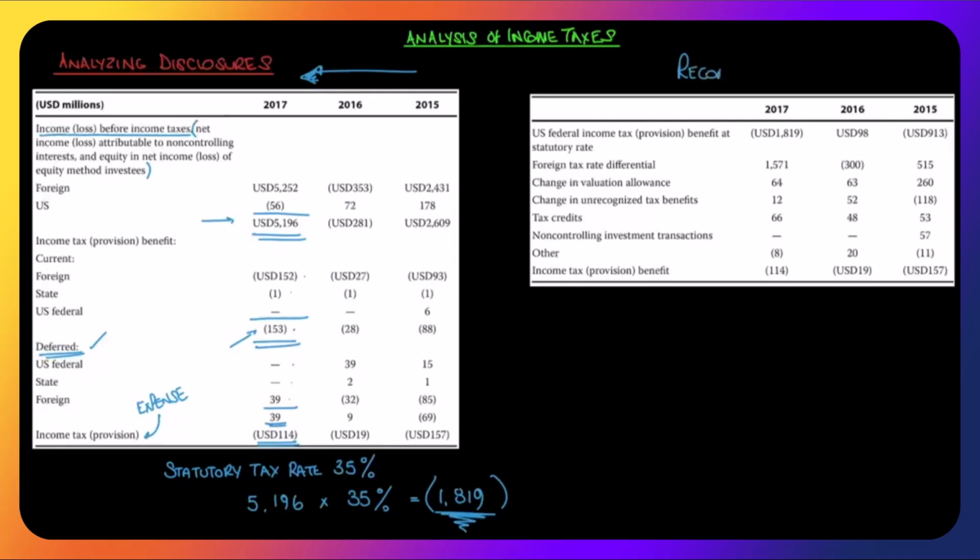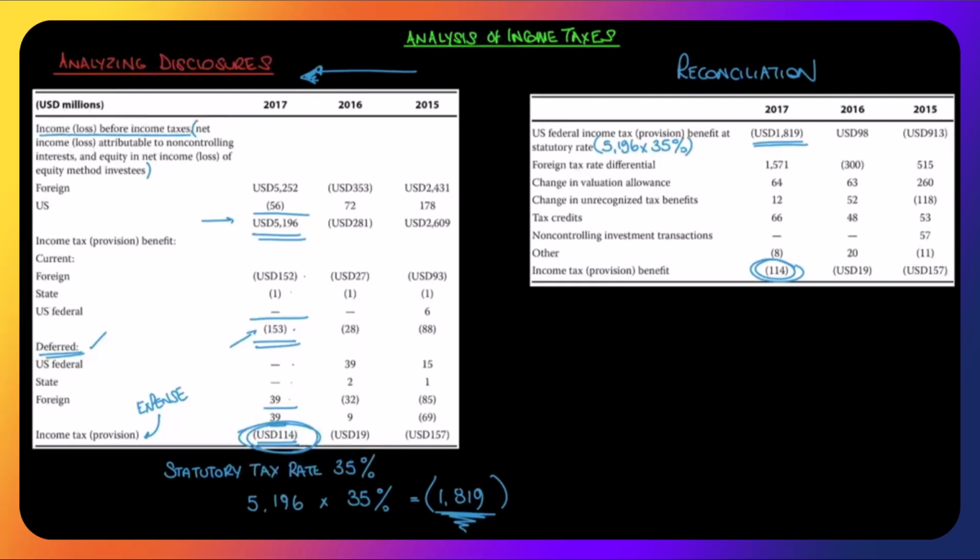which is why companies will provide a reconciliation. A reconciliation of the actual tax expense and, there it is, what our tax expense would have been at the statutory rate. This is your 5196 at 35%.